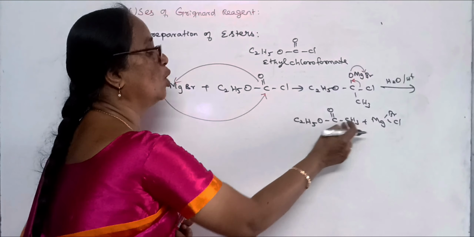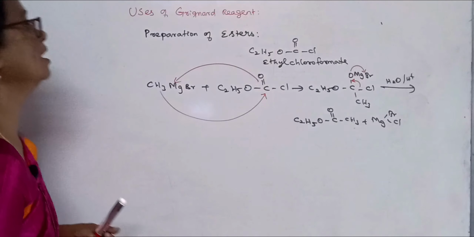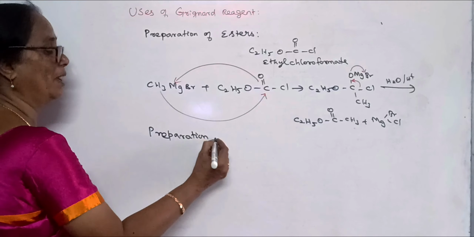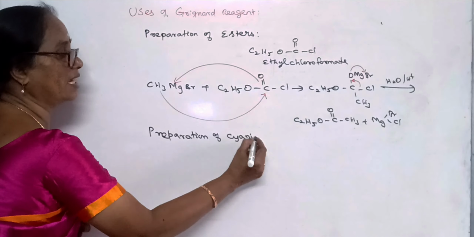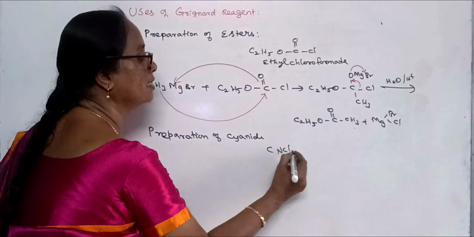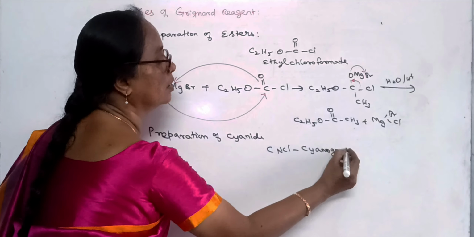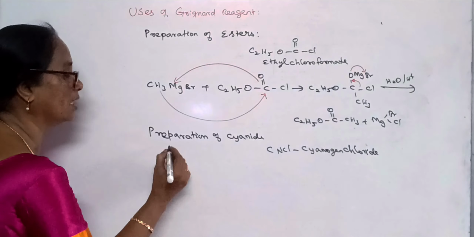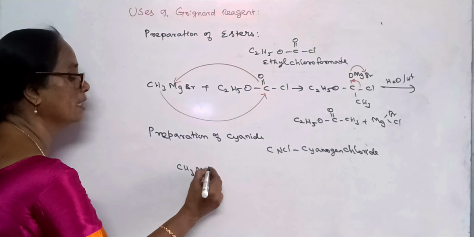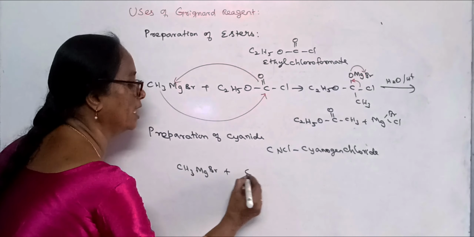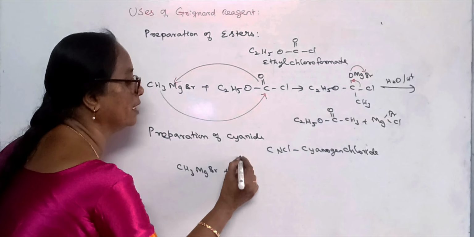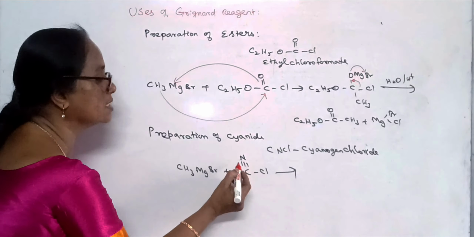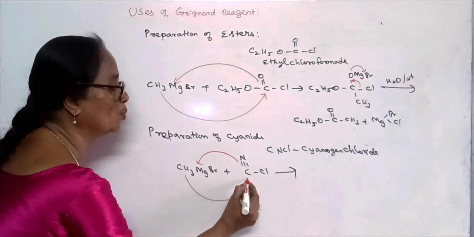So by this method we can prepare the ester. Ester is the RCOO group, so CH3COO. The next one, preparation of cyanides. Cyanides can be prepared by taking cyanogen chloride. The formula of cyanogen chloride is CNCl. This also undergoes nucleophilic addition reaction with Grignard reagent CH3MgBr, and the structure of cyanogen chloride is N≡C-Cl. Here one pi bond moves towards the nitrogen and the methyl group goes to the carbon.